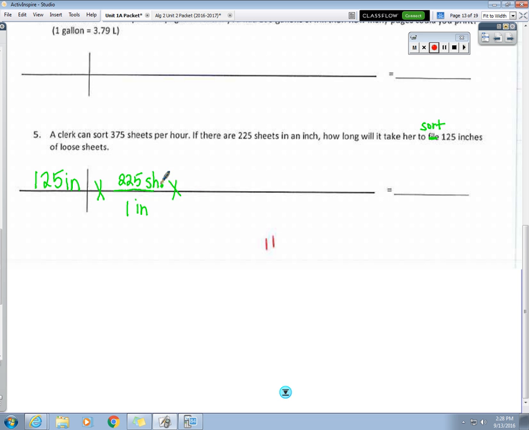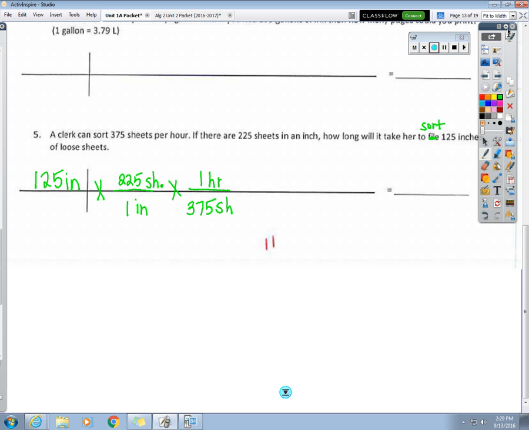So now that we're at sheets, my next denominator needs to be in sheets. And what do you know about it? Right, she can sort 375 sheets in 1 hour. Okay, are we finished with our chain yet? Because isn't the question asking how long will it take her? And isn't hours how long it will take, a time?